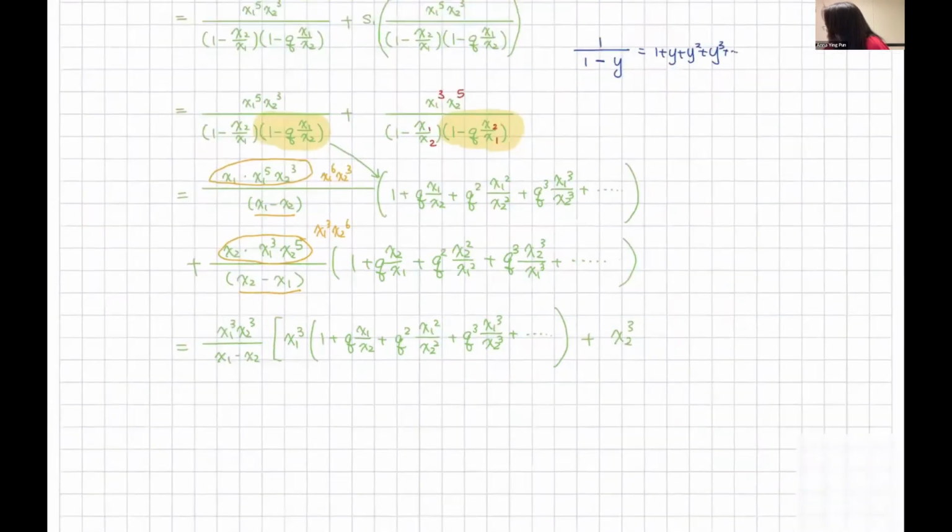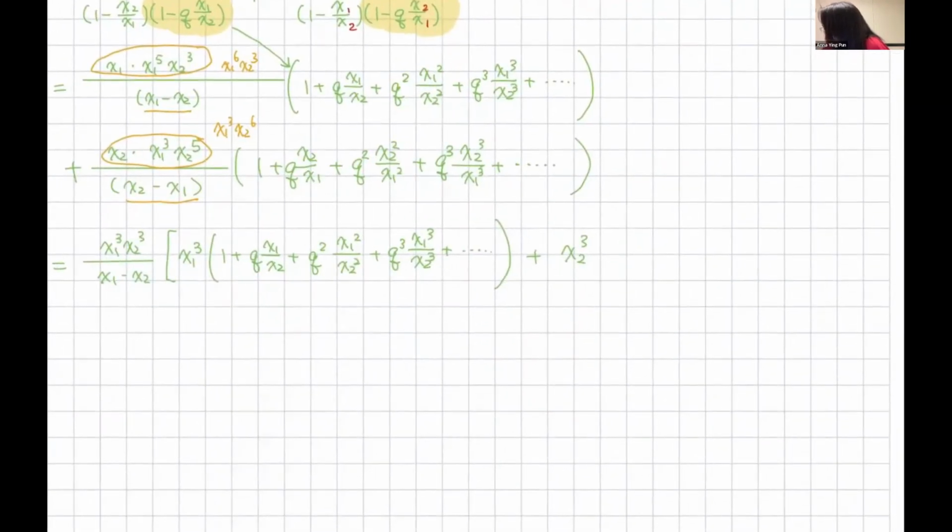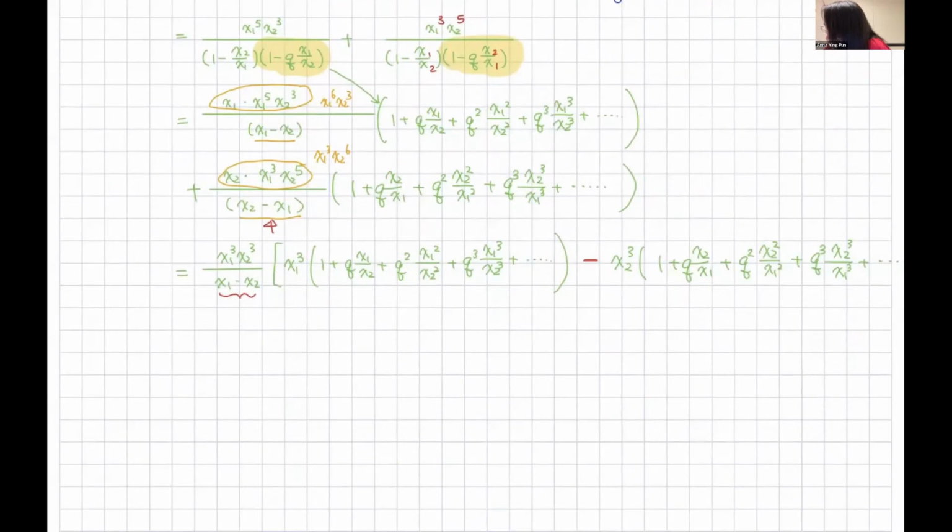You can see it's the same thing, but I have a minus sign here, because that was x2 minus x1, but I take out x1 minus x2. And then now I have the same thing here. All right, so now how do we compute that? So that's x1 cubed x2 cubed over x1 minus x2.